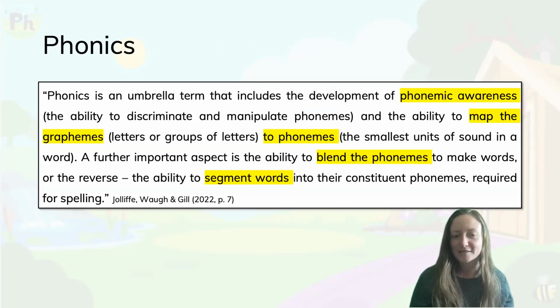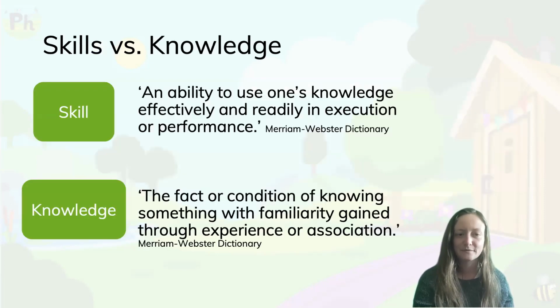A further important aspect is the ability to blend the phonemes to make words, or the reverse, the ability to segment words into their constituent phonemes required for spelling. I think it's really important to bear that in mind when you're thinking about your progression in phonics. It's not just about the reading and the blending, it's about the segmenting and the spelling as well.